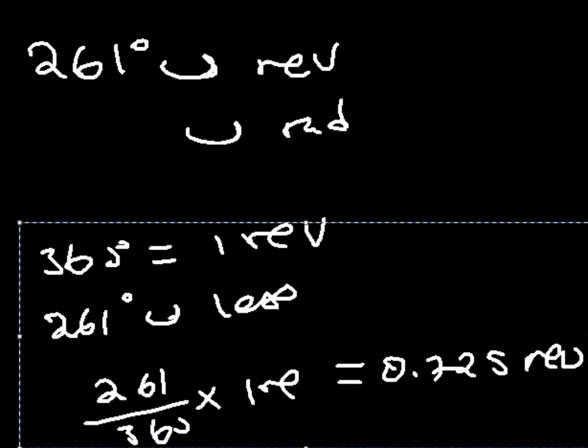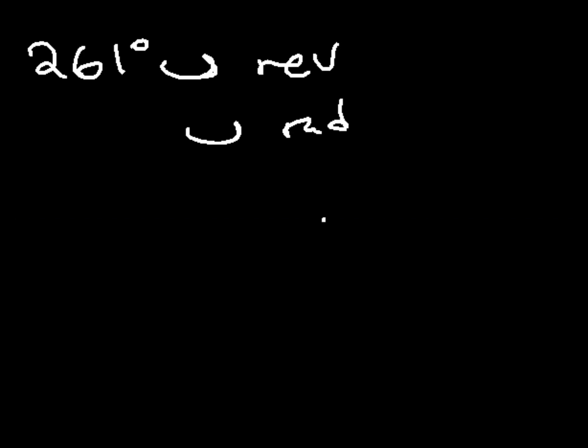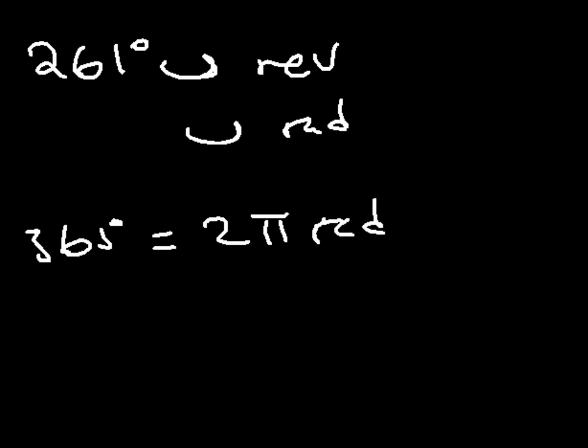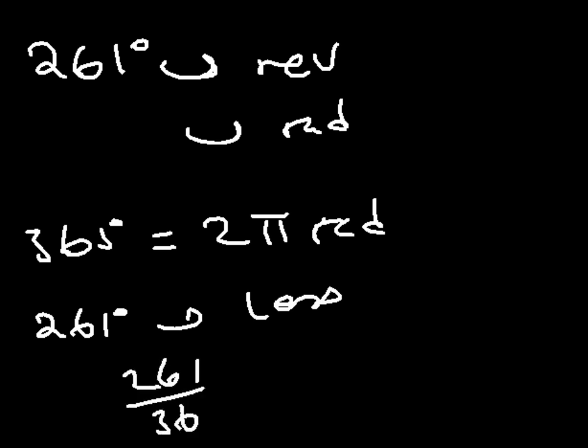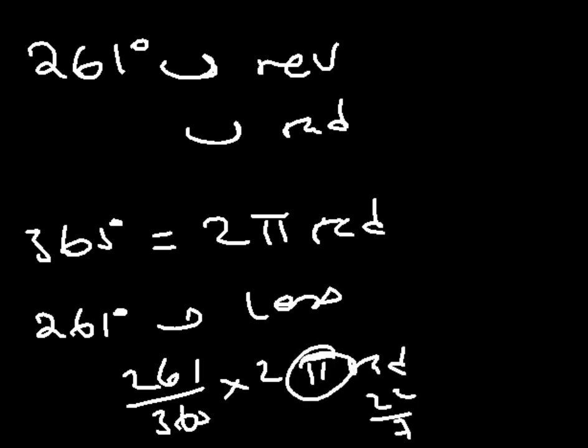How about that in radian measure? We understand that 360 degrees is equal to 2 pi rad. And how about 261 degrees? We'll have 261 divided by 360 times 2 pi rad, where pi is given as 22/7.